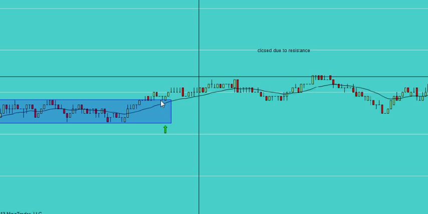So I went ahead and entered at this point and watched the trade as it went along. It came up here to where it reversed, came down, came up again to this area, reversed, and dropped down here, almost stopping me out. My stop would be at the bottom of this range, or 10 pips, 10 pips being the maximum loss.